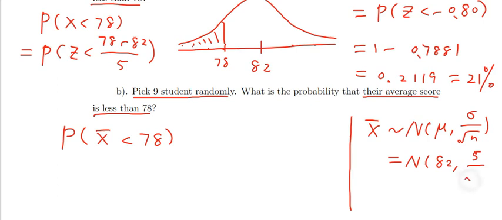So the mean is 82, and the standard deviation is 5 over 3. Let's check this number: 5 over 3 equals 1.67.